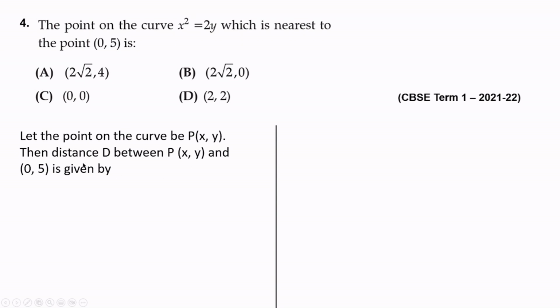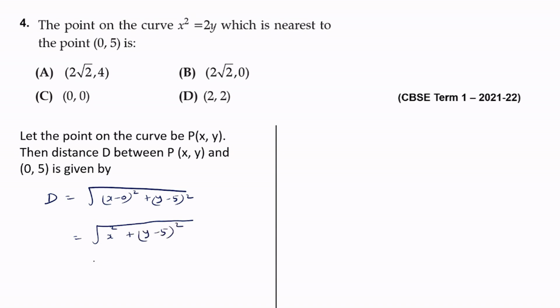Then the distance between this point P(x, y) on the curve and this point 0, 5 is given by the distance formula d equal to root of x minus 0 the whole square plus y minus 5 the whole square, or we have root of x square plus y minus 5 the whole square.